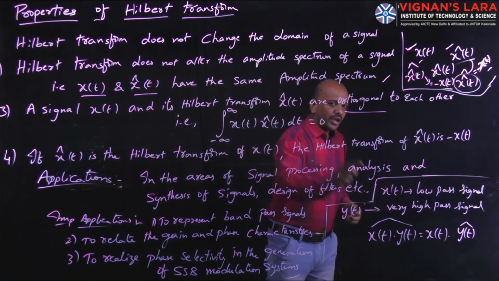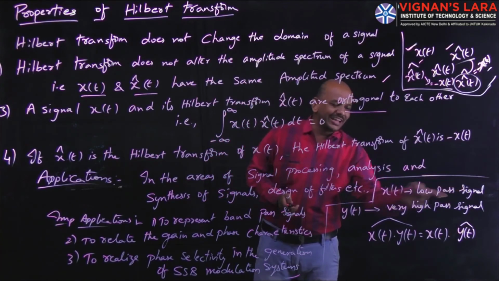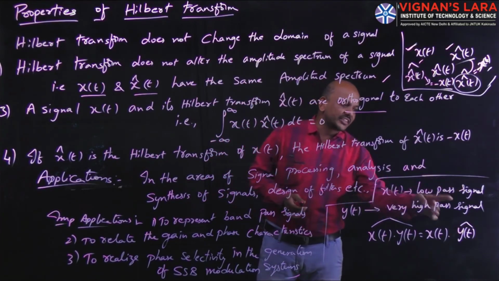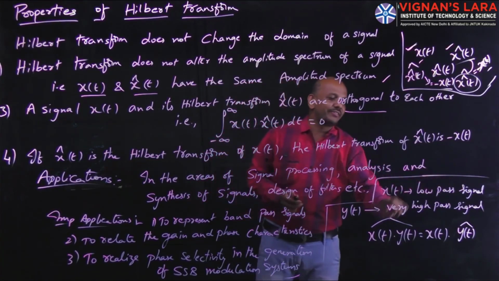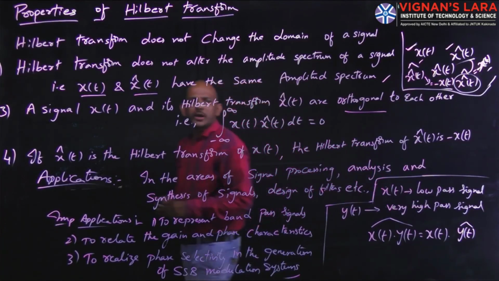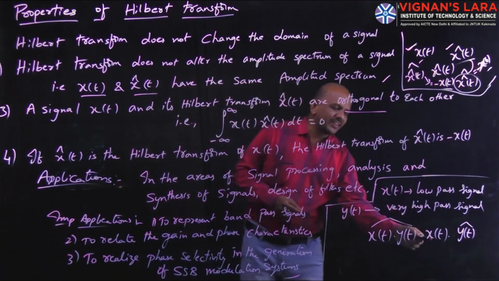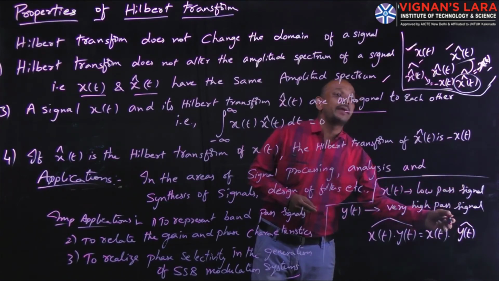Then the Hilbert transform of the product of the low pass signal and the very high pass signal must be equal to the product of the low pass signal and the Hilbert transform of the very high pass signal.